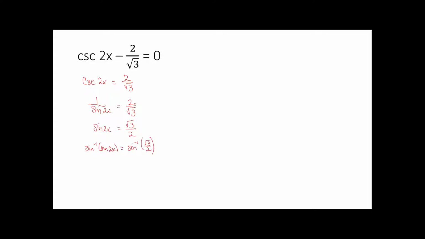So when we take the inverse sine of the sine of 2x, we get simply 2x. And when we take the inverse sine of the square root of 3 over 2 in our table of 3 for sine, our square root of 3 over 2 is the 60 degree or pi over 3 angle.